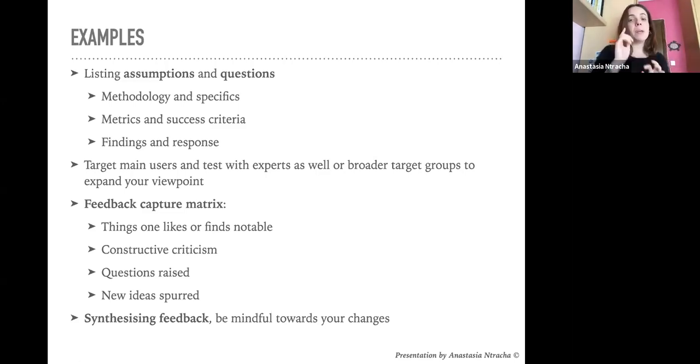So be mindful of your changes, because at the beginning, let's say one parent said that he hates the yellow color of the background of the app, we were like, oh my God, we really have to change that. Let's try blue or green. But if it's only one parent who is bothered by that, and all the other parents don't seem to notice it, then perhaps this is not a change worth making.